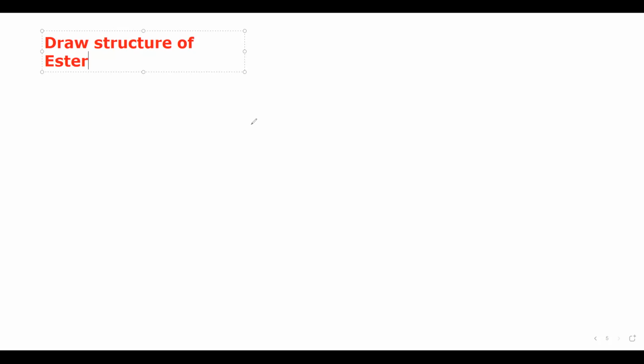So ester means C double bonded with O. That is the first thing. Whenever you have a compound name as ester, it should have a C double bonded with O, or you can also say COO.